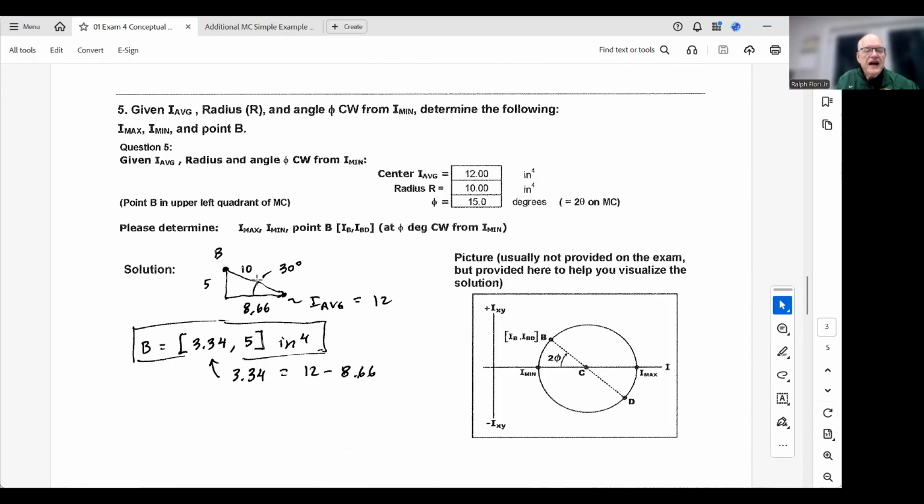So if the angle to the I min was 30, then the angle to the I max is 180 minus 30, which is 150 on Mohr circle, and divide that by 2, which is 75 on the original cross section. And that's the angle clockwise from B to the I max orientation.